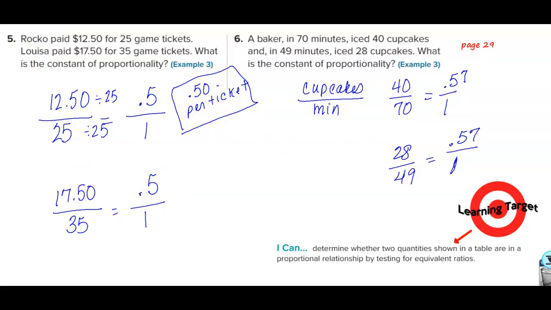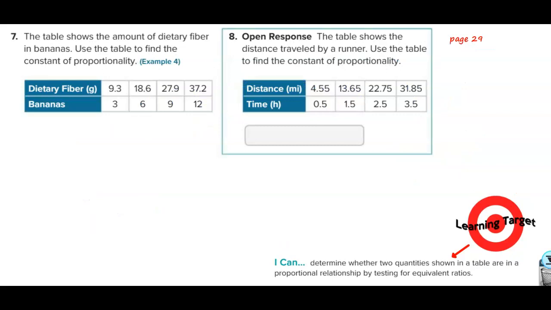Number 7, the table shows the amount of dietary fiber in bananas. Use the table to find the constant of proportionality. All right. Well, they're telling you it's a proportion because they want you to find the constant of proportionality. So we would go fiber divided by bananas. All right.